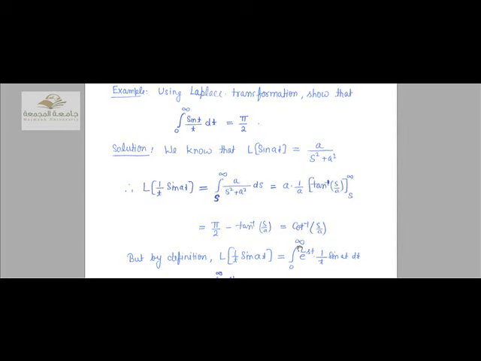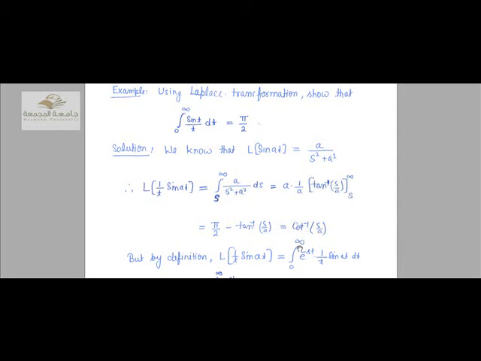This is equal to a into 1 by a tan inverse s by a, over the limit s to infinity. This is equal to pi by 2 minus tan inverse s by a, which is equal to cot inverse s by a.